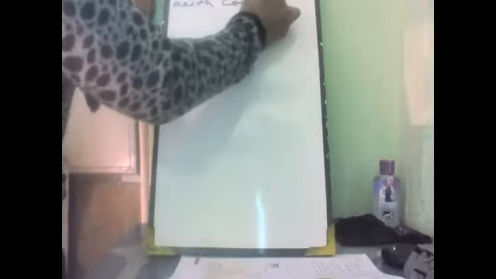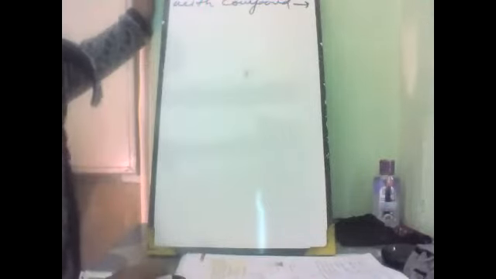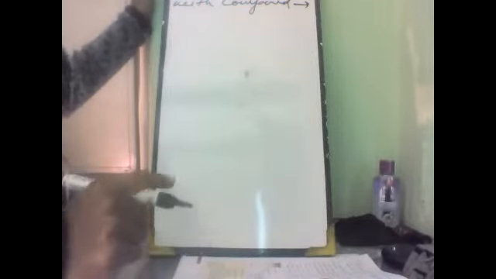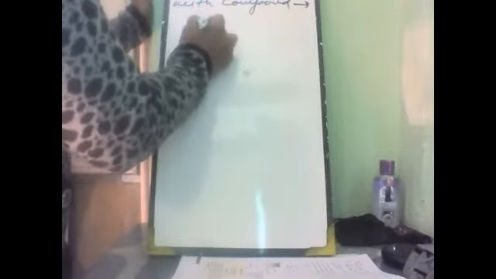Another condition is an element reacting with a compound. It means there are two reactants, one is an element and the other is a compound. Here an example is given.